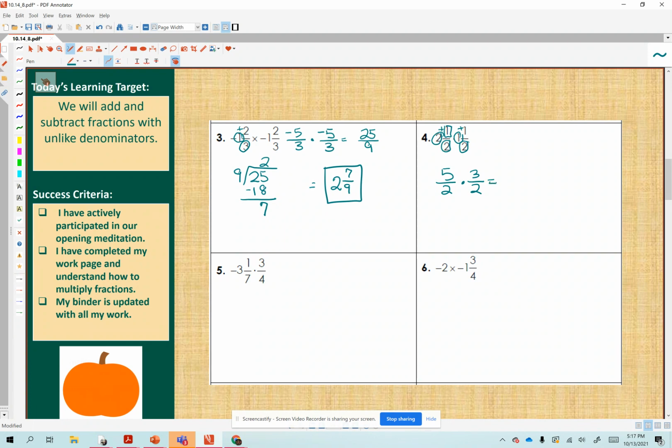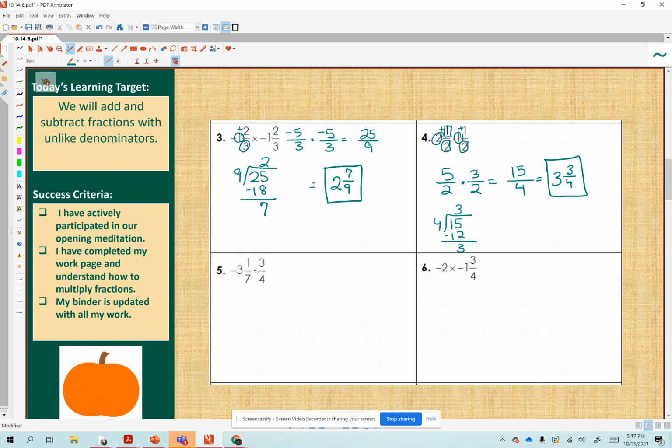So I'll just multiply across. 5 times 3 is 15. 2 times 2 is 4. So let's convert that into a mixed number. We'll divide 15 by 4. And I do know that 4 times 3 is 12 with 3 left over. So 15/4 is equivalent to 3 3/4.